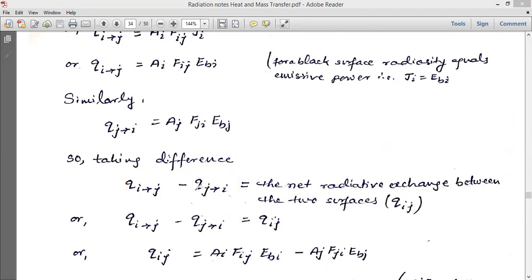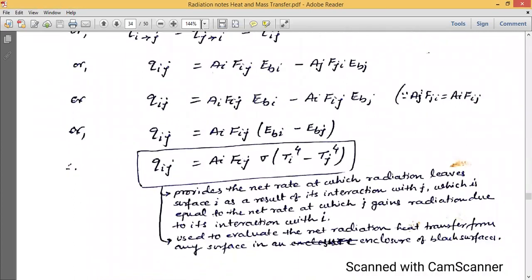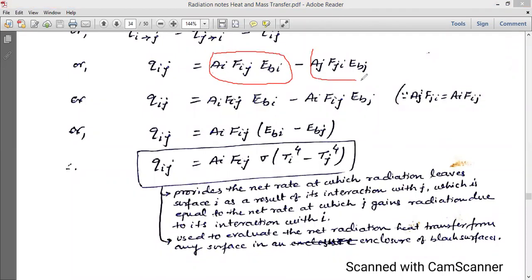We have the formula for both. Therefore, we can substitute the values: Qij will become Ai Fij Ebi minus Aj Fji Ebj.